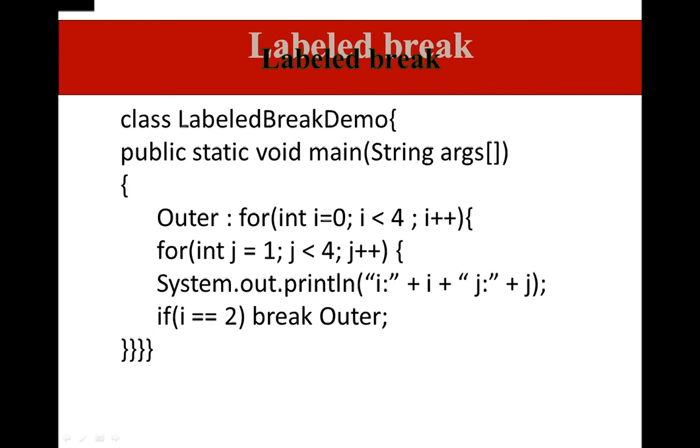Like I said, when I say break outer, the flow of control will not go here. It will go to the terminating point of this particular outer labeled statement. This outer labeled statement is a for loop. It is opened here, closed somewhere here. Directly it goes there. That's the job of labeled break.